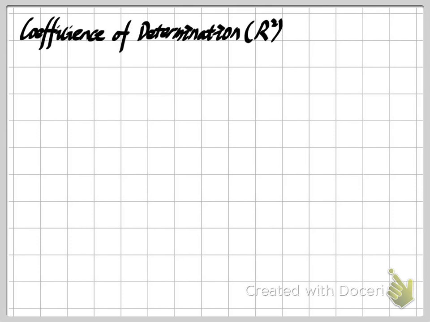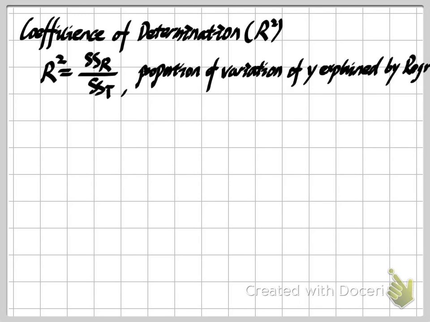In our previous video, we already talked a lot about our sums of squares, right? So we have the SSE, the sum of squares of our error term, the SSR, and the SST. Here we can define our R square as equal to SSR divided by SST.